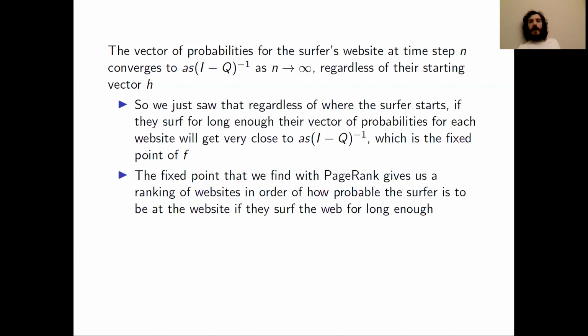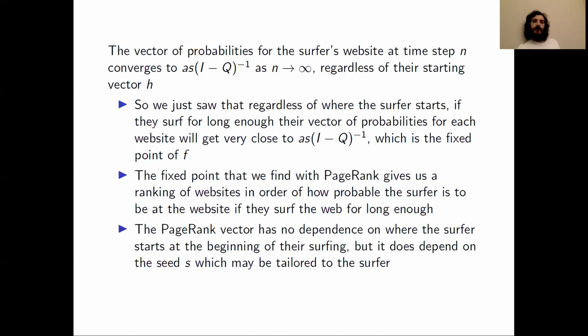And again, that ranking has no dependence on where the surfer started, so no dependence on their starting vector H. It's only going to depend on the seed vector S, the parameter A that we choose, and the internet digraph that we're using, which determines the matrix Q. And I'll mention something I mentioned in an earlier video. The seed vector S can be tailored to the surfer. So whichever surfer is using the search engine, they can have a special S for them. We don't necessarily need to use the same S for multiple people.